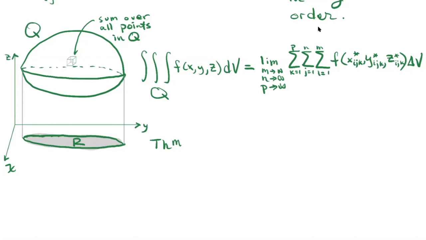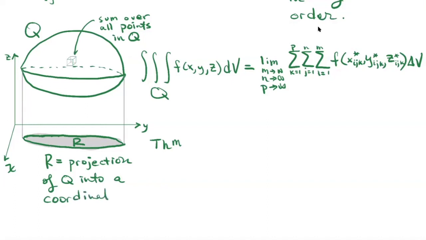Okay, so R is the projection of the solid into a coordinate plane. It doesn't have to be the XY plane.